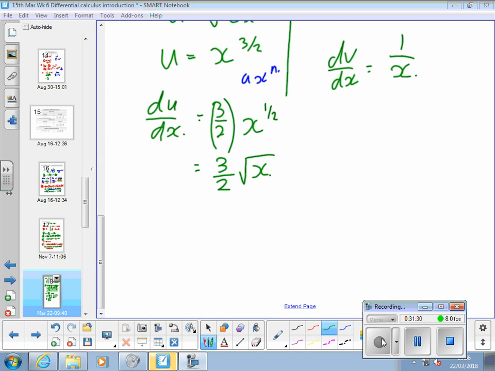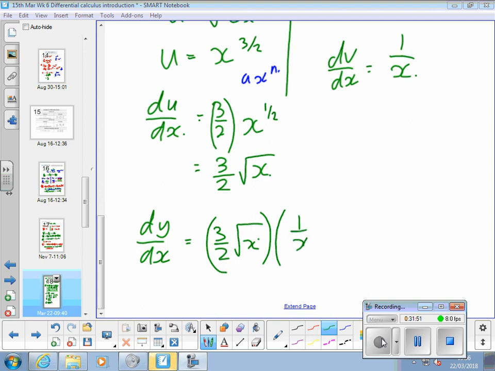So now, dy by dx is equal to u first: 3 over 2 square root of x times dv by dx, 1 over x, plus ln 3x times u, which was x to the 3 over 2.